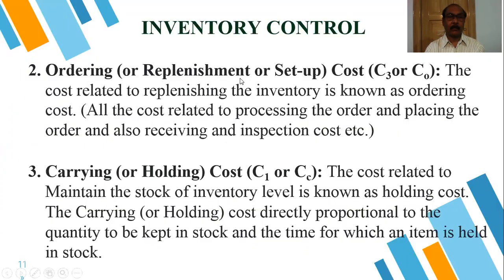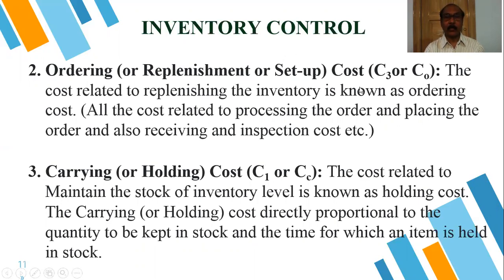Ordering or the replenishment or the setup cost. Ordering or replenishment is the same thing. That means replacing the previous one, we are placing the order. That is the ordering cost in a simple way, or we can call it the setup cost.